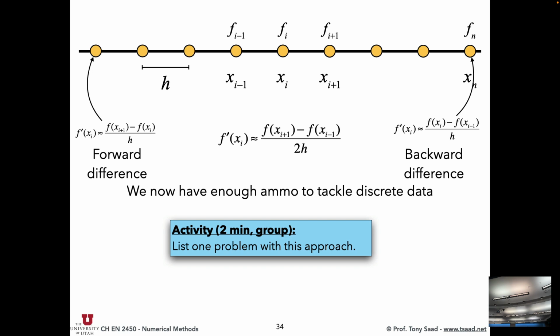And a chain is as strong as its weakest link. So your overall accuracy in the problem is going to be polluted by the first order error introduced at the endpoints. This will become apparent when we have boundary value problems.